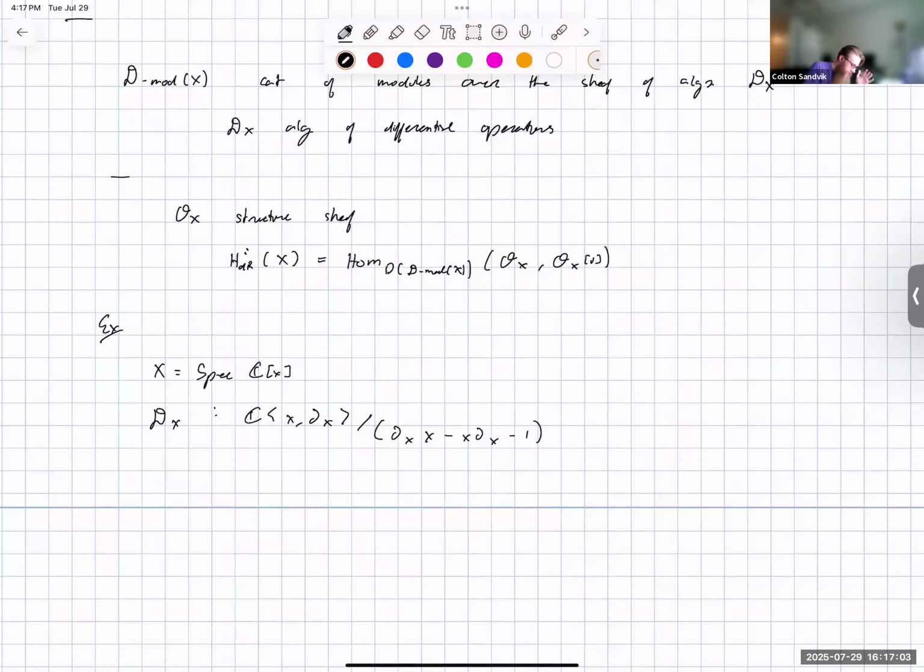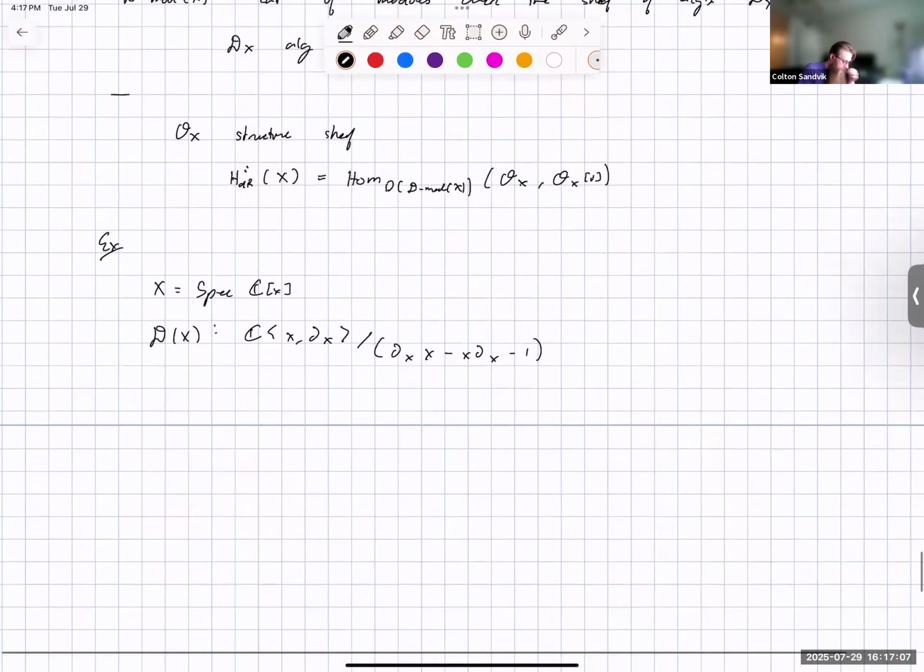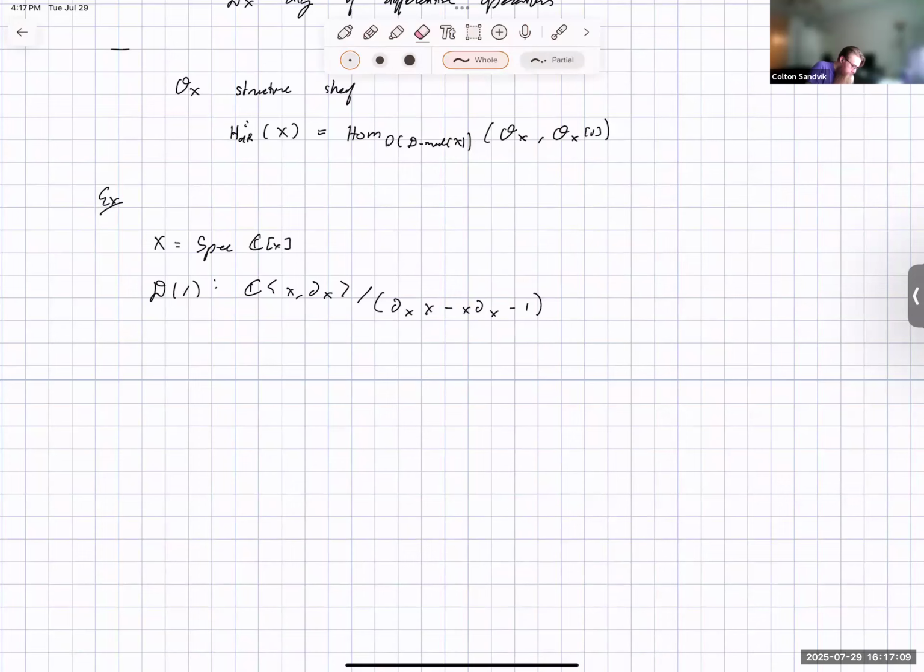This is the global sections, when we plug in all of A^1. But if you plug in x minus 0, you get something more complicated.